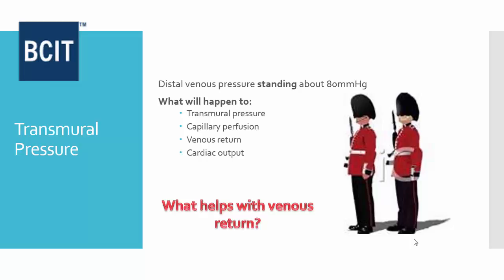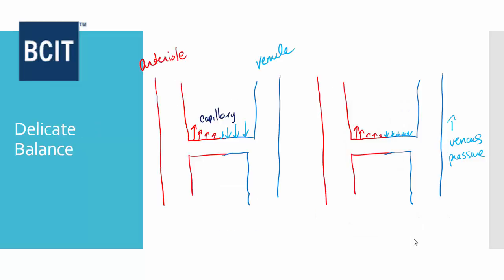So what helps with venous return? The soldiers fall down, hydrostatic pressure is returned, and venous return can happen again. So remember, we discussed that this is a delicate balance. When everything is normal and the arterial and venule pressures are normal, the pressure gradient is maintained.